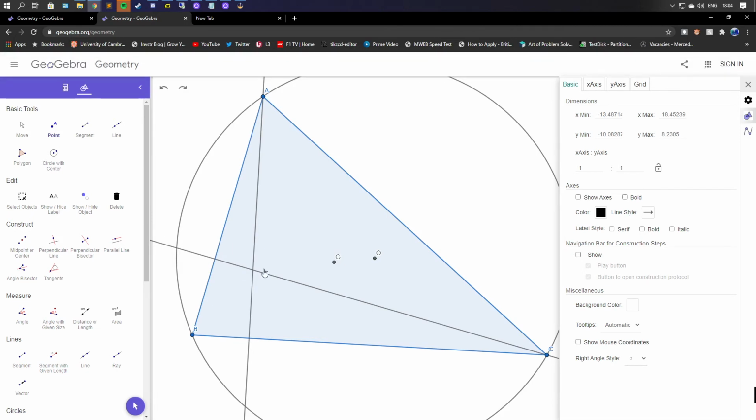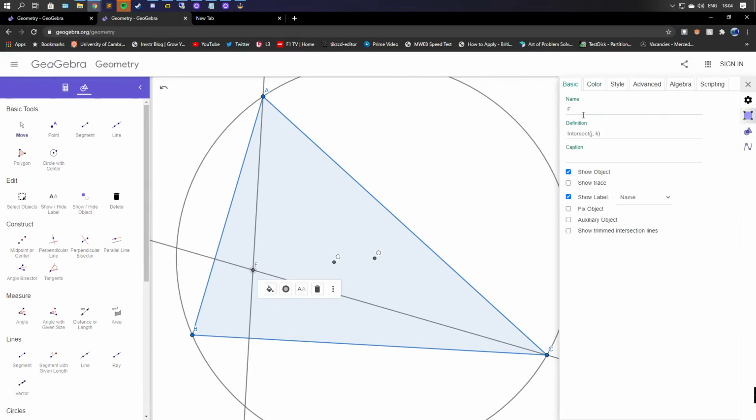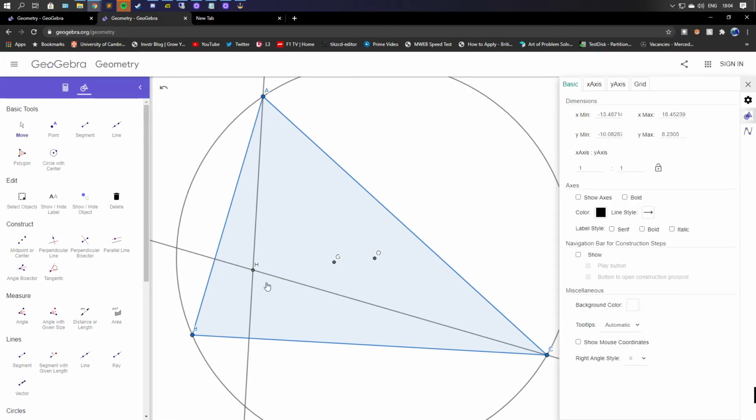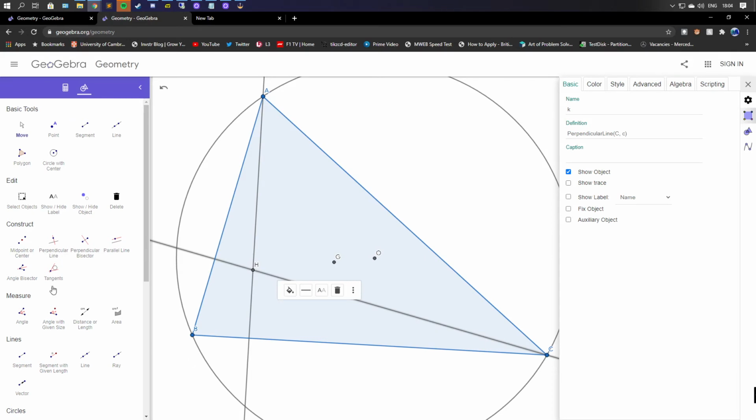Of course, the orthocenter is well known to be called H, and it is the intersection of the altitudes from the vertices to the opposite sides. But you knew that already.